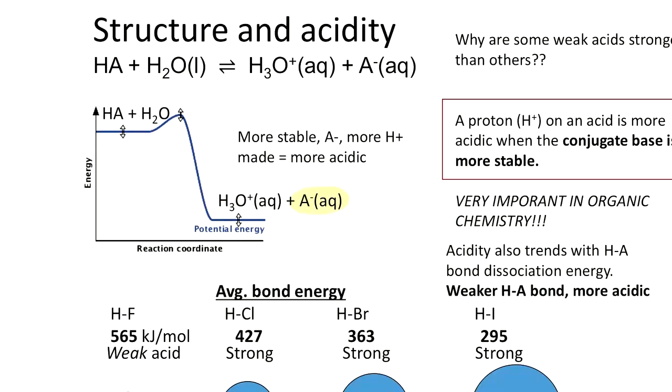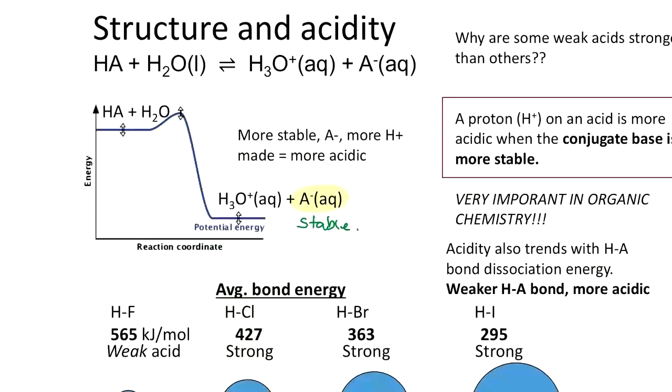And so when A minus is a really stable anion, and there's a way we can look at stability of anions, typically the acid HA is really, really strong, all right? When its conjugate is really, really stable. That's how we have really acidic things.